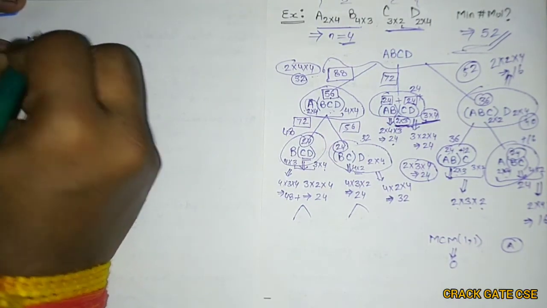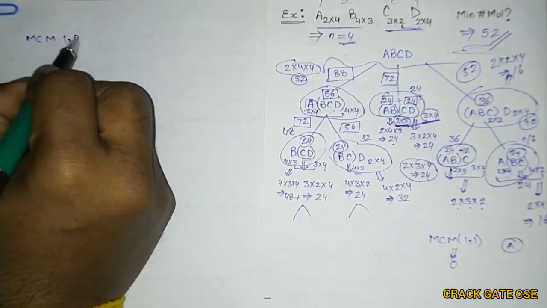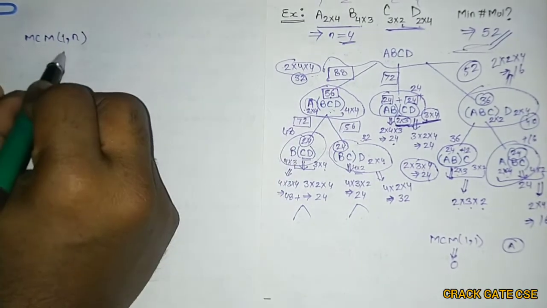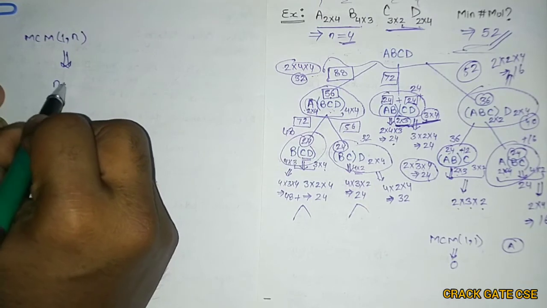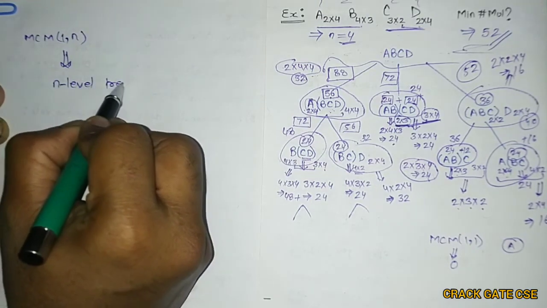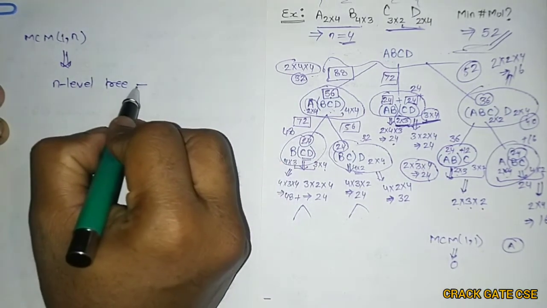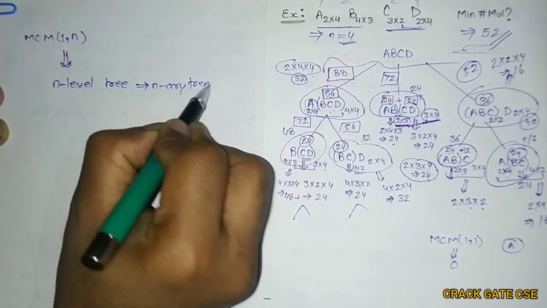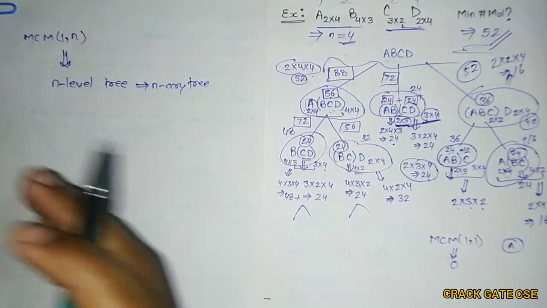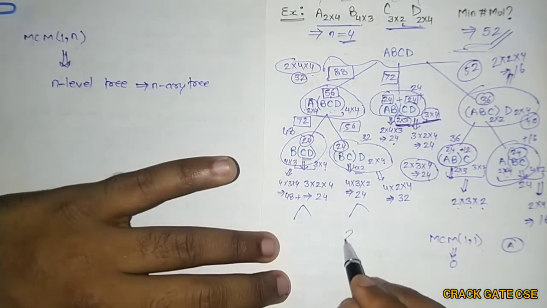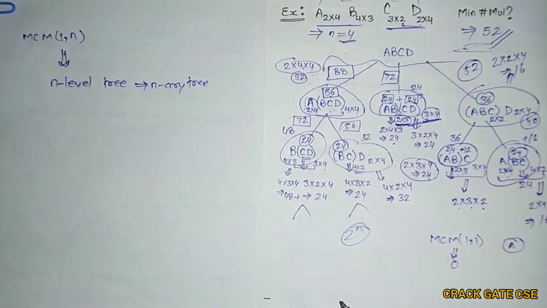If I am finding out the MCM of 1 comma n, then what will I get? I will get an n-level tree, and which tree? An n-ary tree. Unlike the previous applications like knapsack and LCS, where we were getting an n-level binary tree, that's why the time complexity was different.